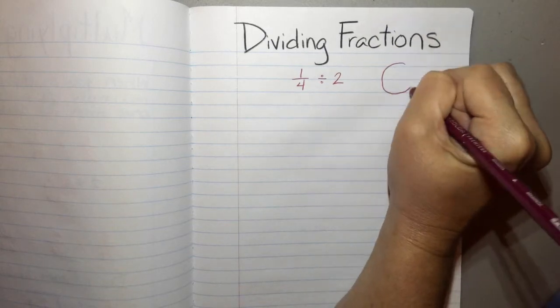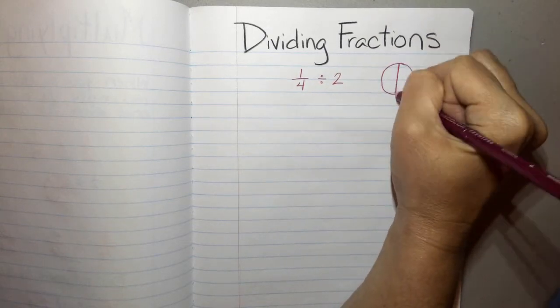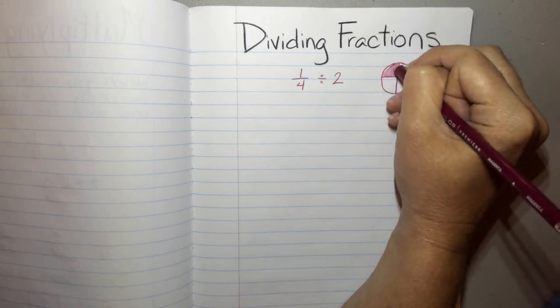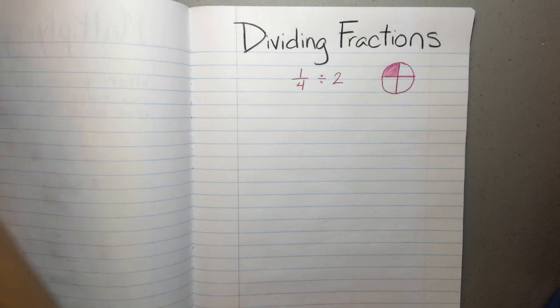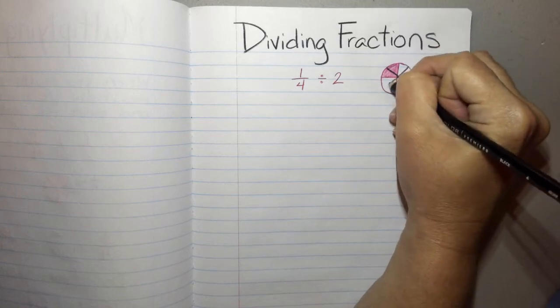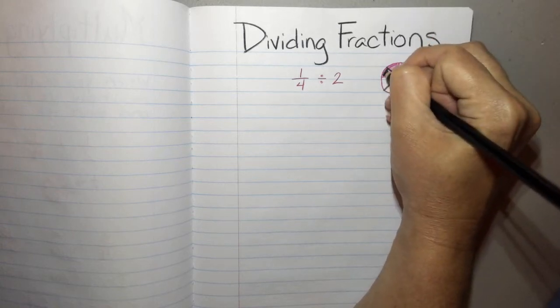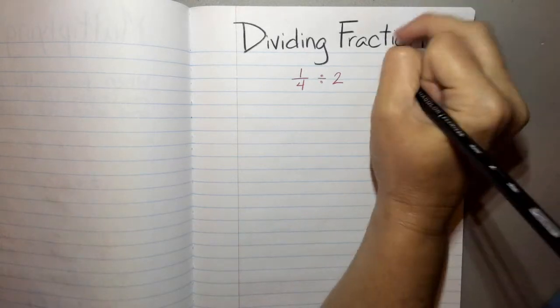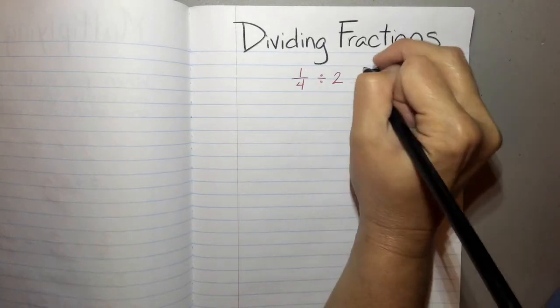I just want you to think about what that actually means. We had 1/4 of something, and I want to divide it into two parts. So 1/4 divided by 2 is going to give me what?